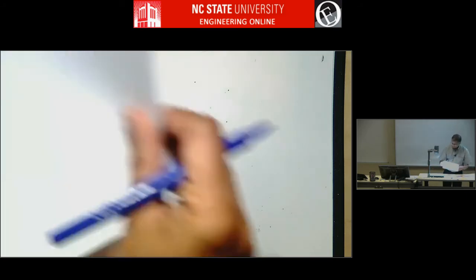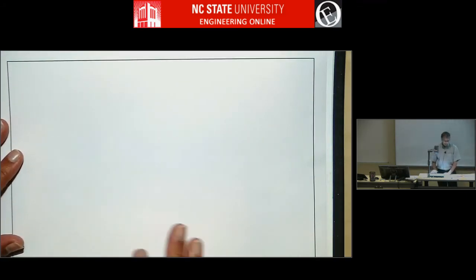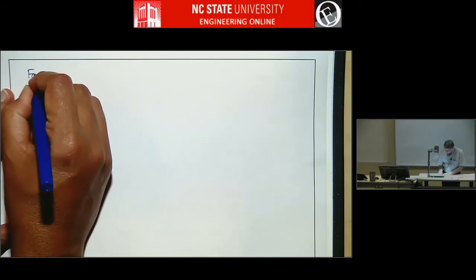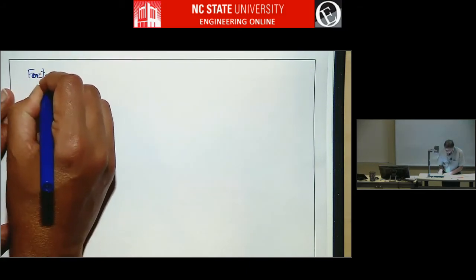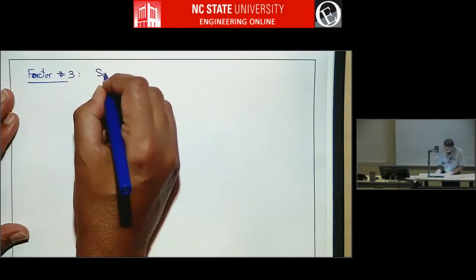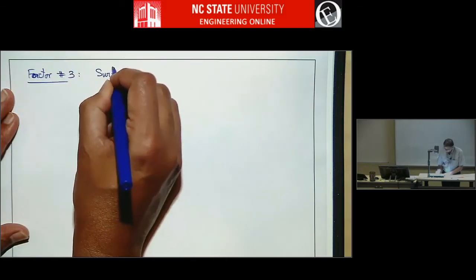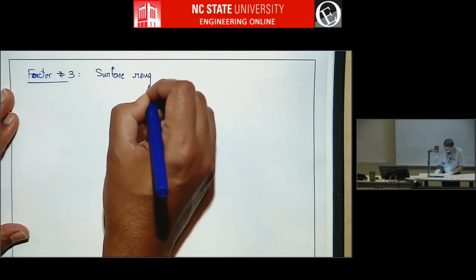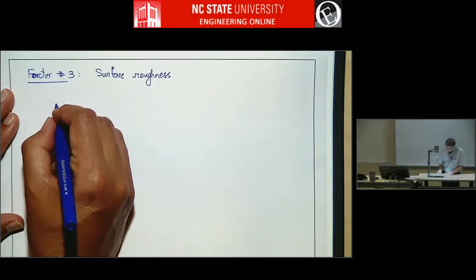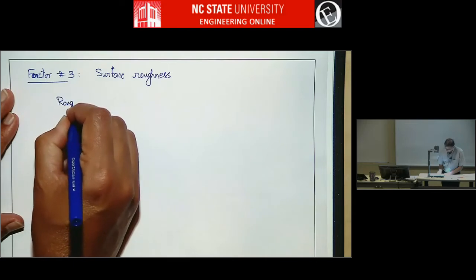Okay, and then factor number 3 is surface roughness, which you've all probably studied in some form or another. So as you can imagine, roughness promotes transition.